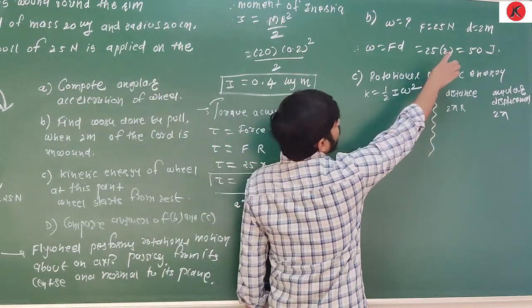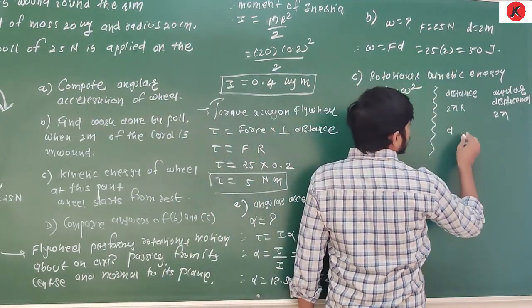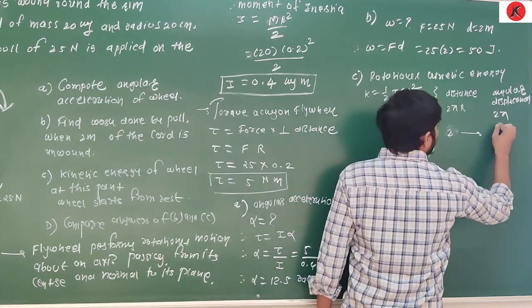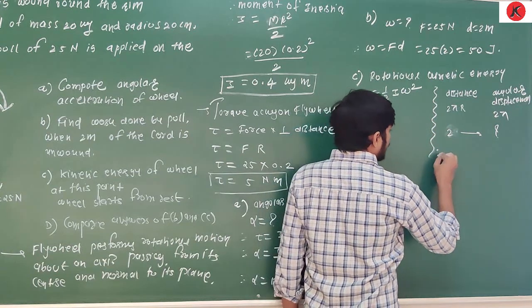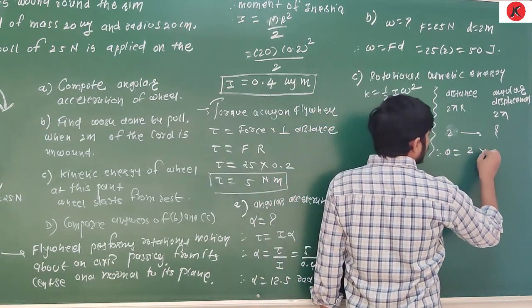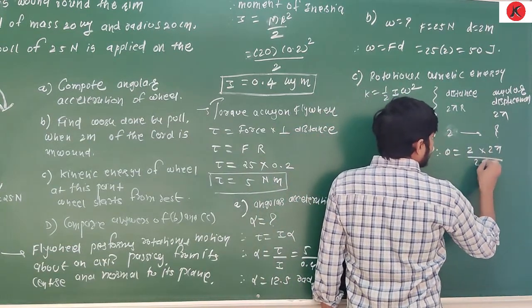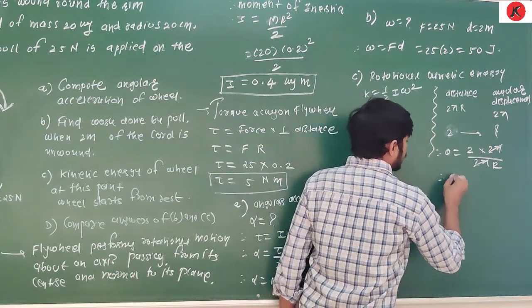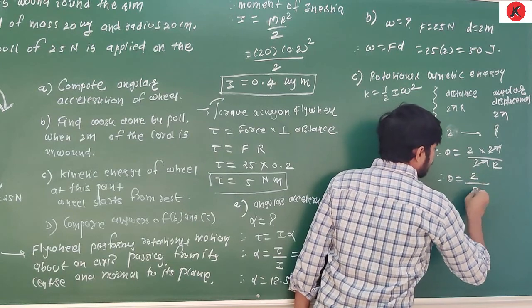So what is the distance here? For distance 2 meter, what is the angular displacement? Therefore theta is equal to 2 into 2 pi divided by 2 pi r. So 2 pi cancels, 2 pi cancels. Therefore theta is equal to 2 divided by r.